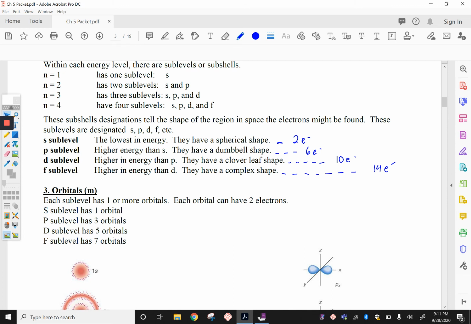Remember, electrons are all negatively charged, right? They repel each other. They can't stand each other. So imagine you go off to college and you are in a dorm that fits 2 people, and your roommate is your worst enemy. You cannot stand them. You fight, you fight, you fight. It takes energy to make you stay with them, right?